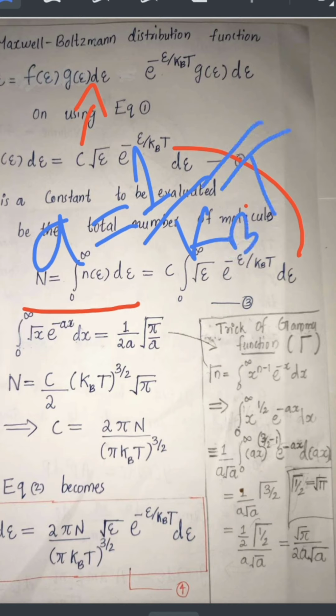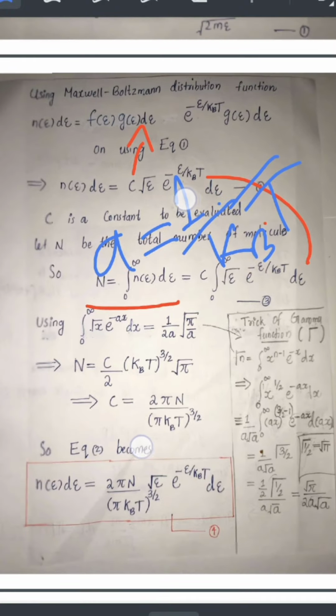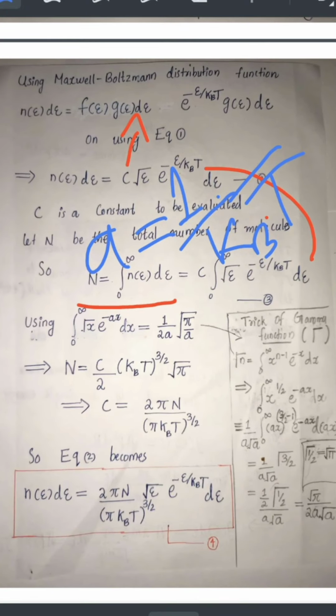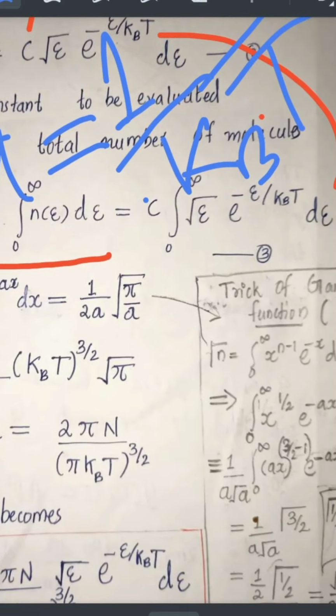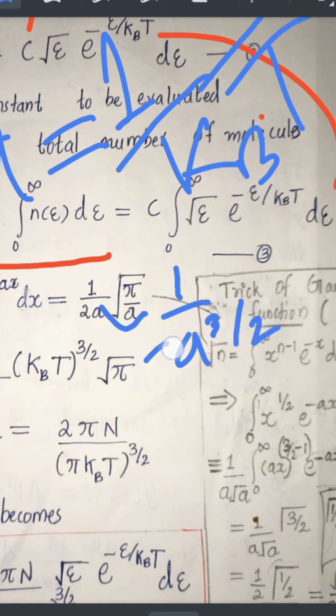Substituting that value for a, from this equation you can see that this a and this a together give 1 by a to the power 3 by 2 in the denominator, and a 2 here and a pi here.